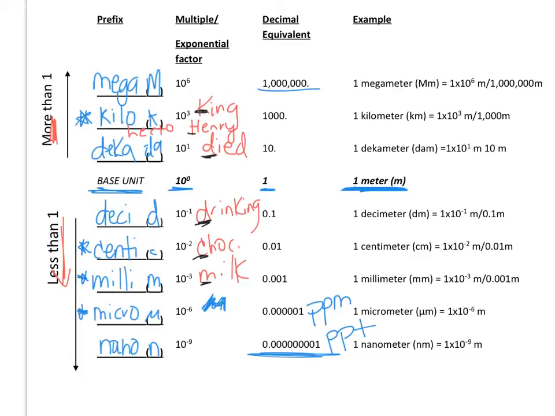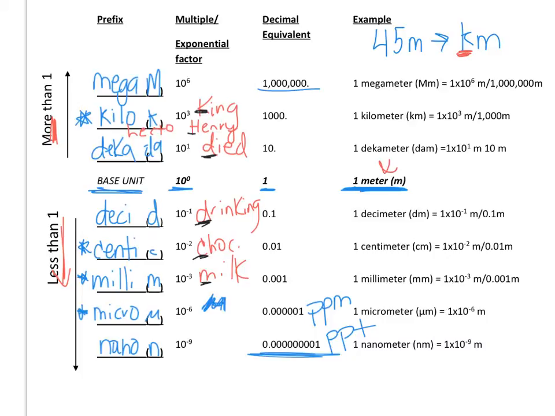So let's say that you want to use that to convert 45 meters to kilometers. So you would go over here. Meters are your base unit, right there, and you're trying to get to kilometers, which is up here at the top.